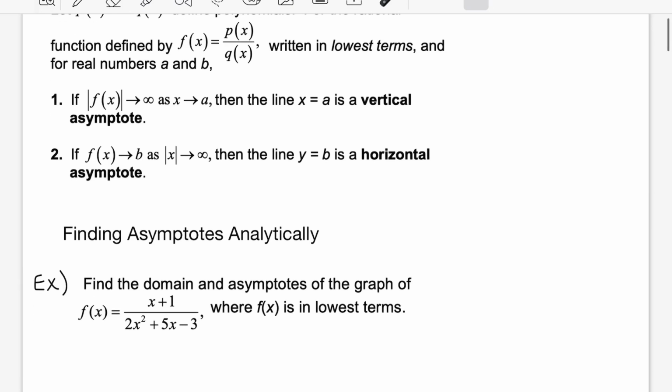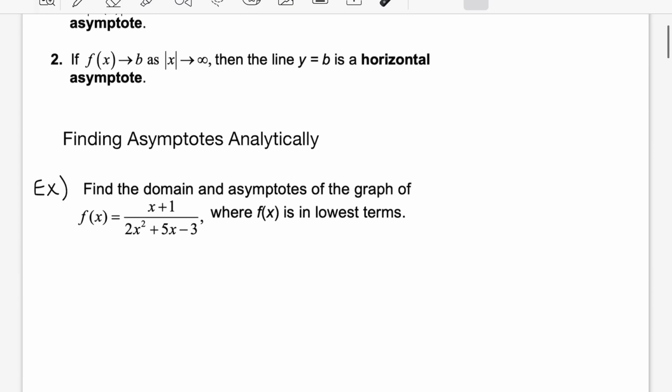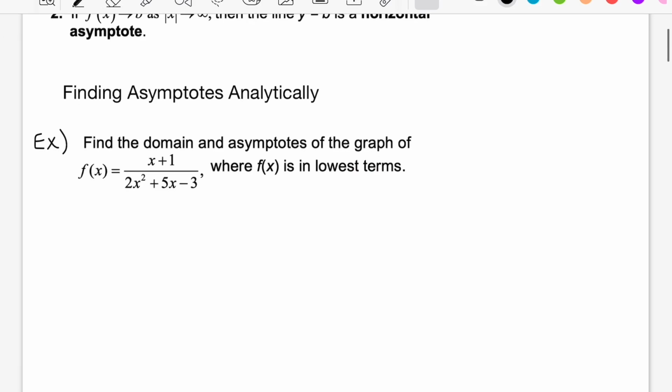So let's go to this example here. We want to find the domain and the asymptotes of this graph here, where our function is in lowest terms. So it's fully simplified. So first we know that we're going to have a vertical asymptote where f of x is going to be undefined. And we know that f of x is undefined when we're going to divide by 0.